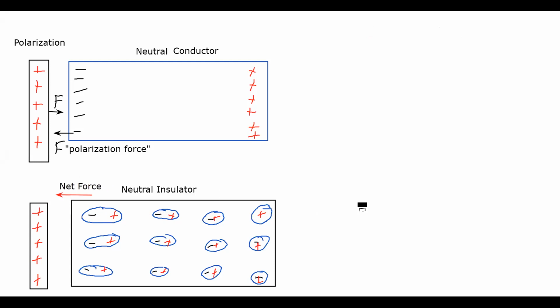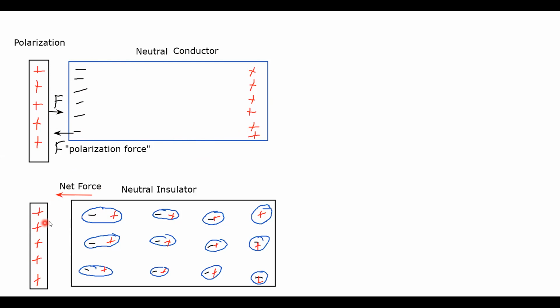It's going to be smaller than the polarization force between a conductor and a rod. So this force here is greater, ignore the length of my arrows, than the force down here, because this polarization is more extreme. The polarization is overall through the conductor, whereas this polarization is only on the atoms closest to the rod.